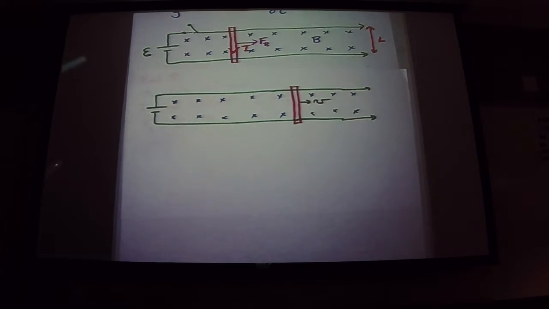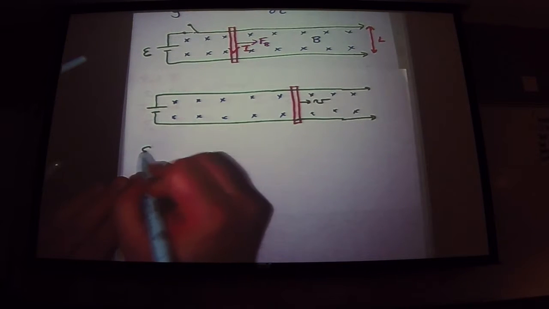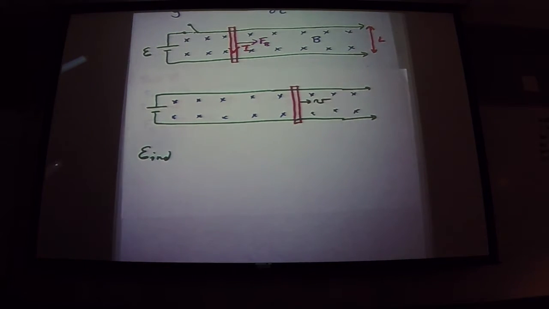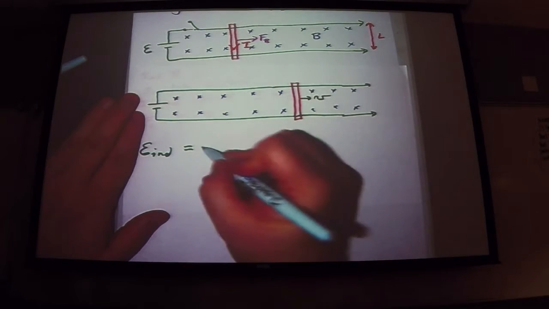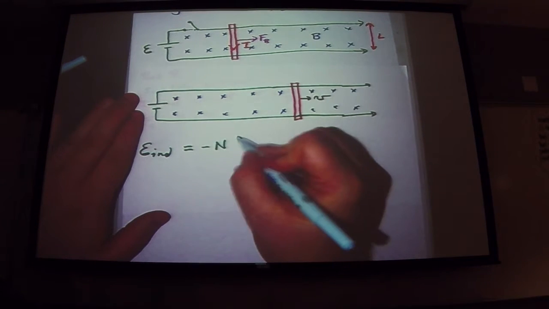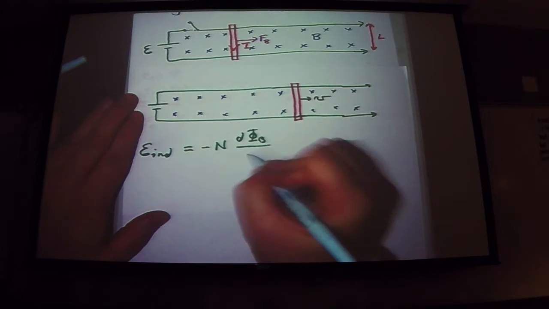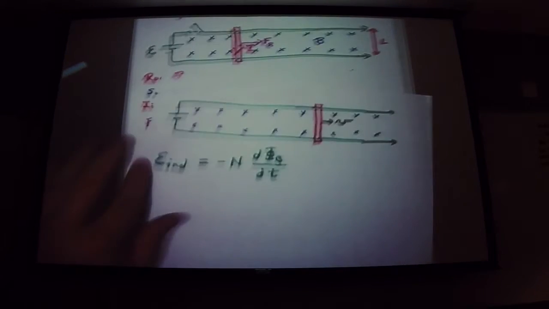And now I want to figure out what the induced EMF is in that rod, which, by the way, is going to be in the opposite sense of the battery. The induced EMF is equal to minus the number of loops times dΦ_B/dt.